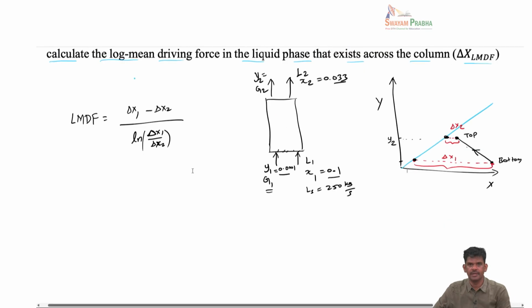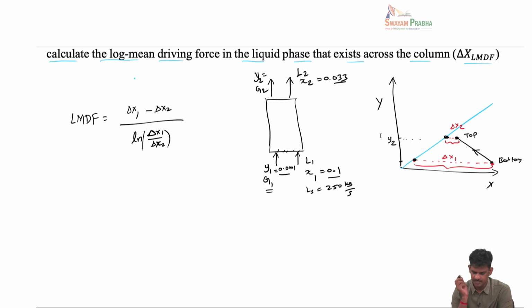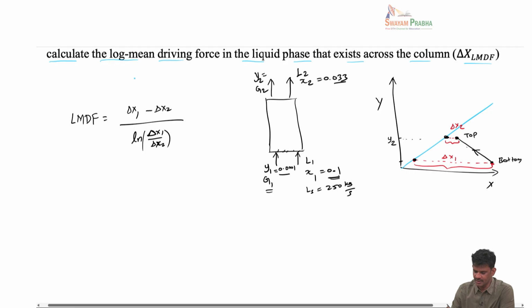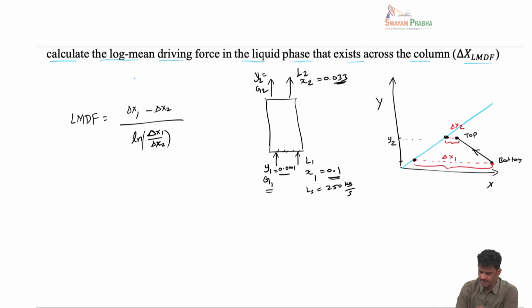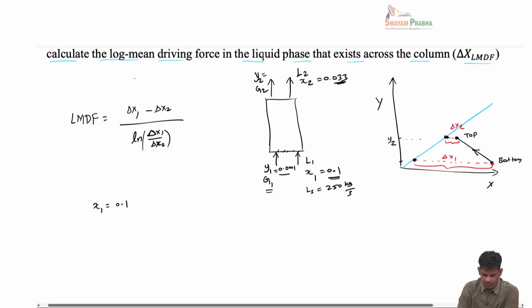Okay, we'll continue from the previous discussion. First let's convert all the mole fractions into mole ratios, because this comes under a concentrated mixture, as we talked about, 10% in the liquid phase and 3% on the outlet of the liquid phase. So we need to work with mole ratio units. x1 is 0.1, so capital X1 comes out to be 0.11.